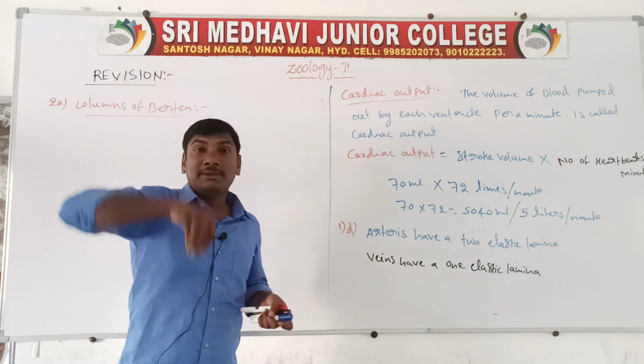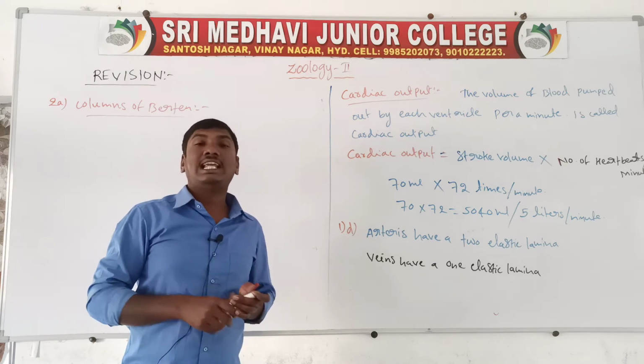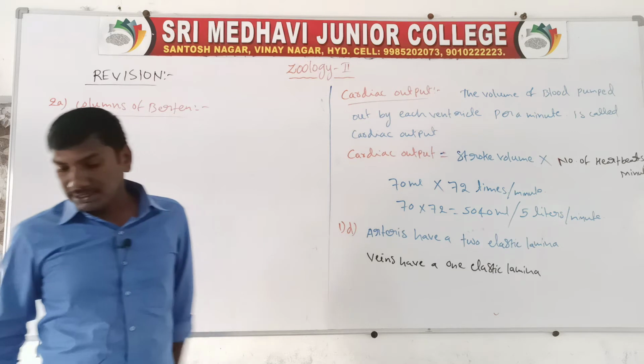The renal pyramids are separated by a projection of the cortex. So they are called columns of Bertin.